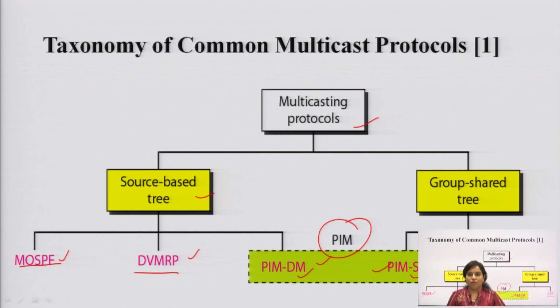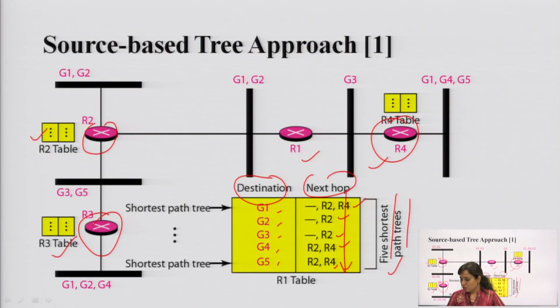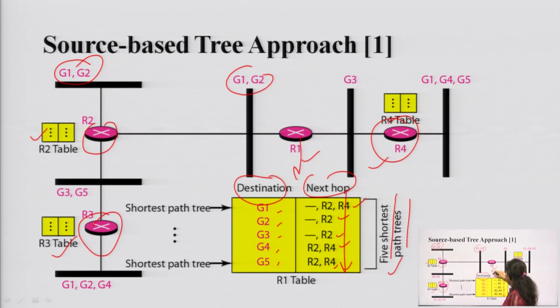That is the case for the multicasting protocol. In this case, that is the source based tree which I have already discussed. It consists of the source information having this group address, denoted by G1, G2, and this particular table is maintained at this router 1.